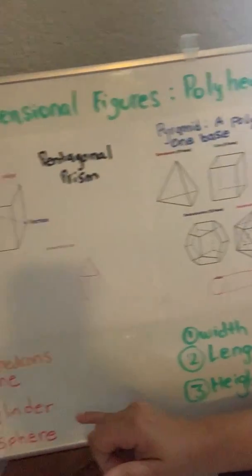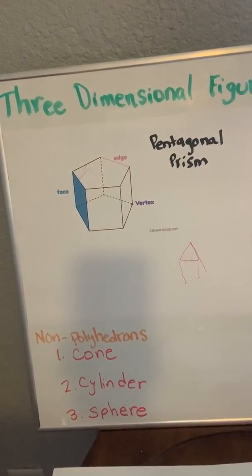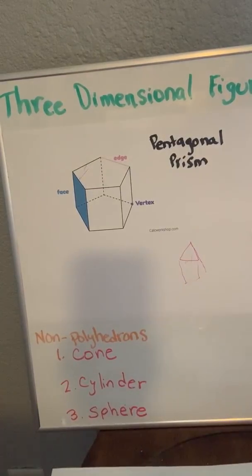A cylinder is a non-polyhedron. Spheres, cylinders, and cones. Okay, so the three-dimensional figures we just talked about include polyhedrons and non-polyhedrons. In the category of polyhedrons, you have prisms and pyramids. In the category of non-polyhedrons, you have cones, cylinders, and spheres.